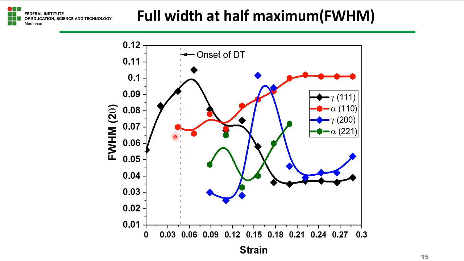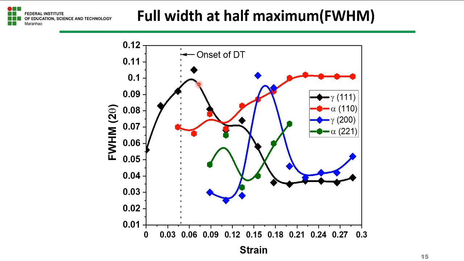Here the planes of ferrite appear over this strain, and as this ferrite continues to work harden, after this you see a dramatic decrease in the FWHM value of this very first austenite plane.